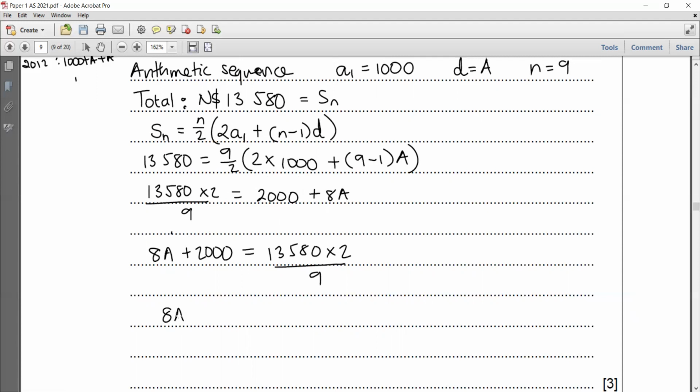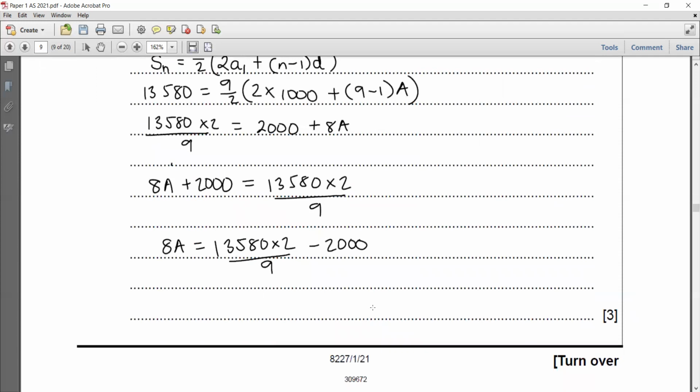Then we have 8A. This is 13,580 times 2 over 9 minus 2,000. And then A, this is 1 over 8, divide everything by 8. So the only reason I'm doing this is I'm trying to avoid rounding off too early so that my answer is as accurate as possible.